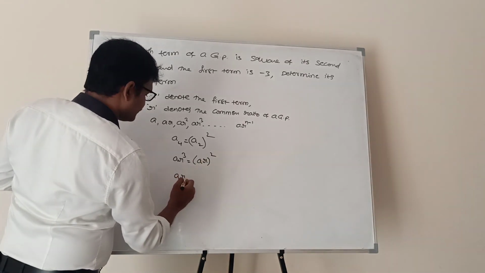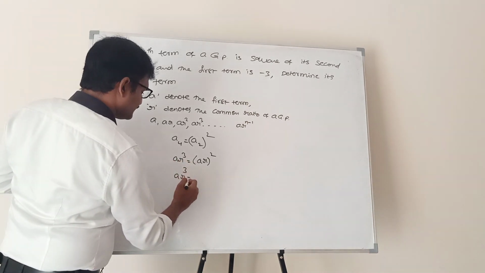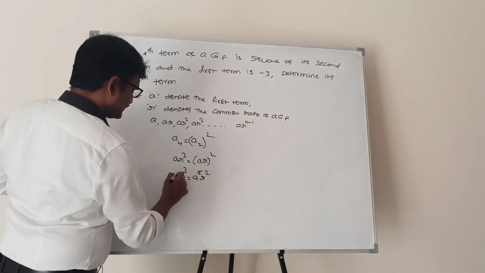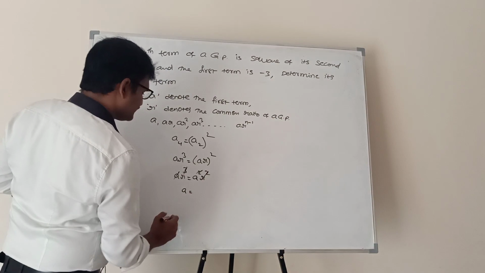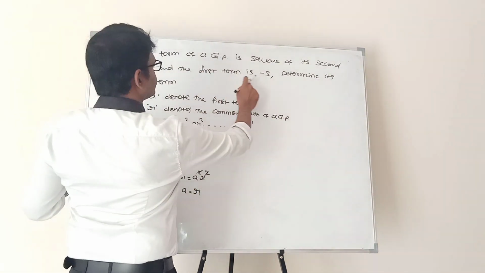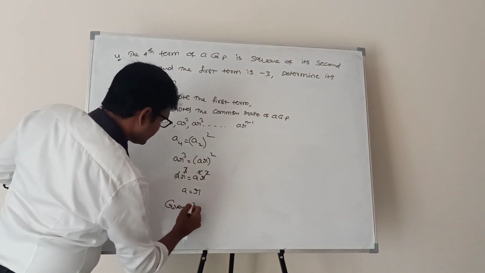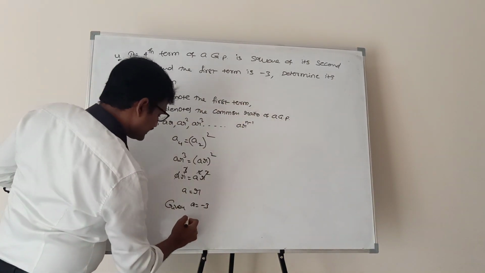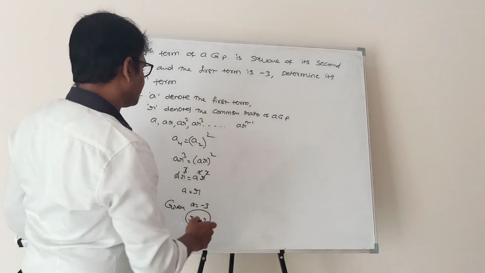So a into r cube is equal to a square into r power 2. So a gets cancelled, r gets cancelled. So a is equal to r. Given first term a is equal to how much? Minus 3. Therefore r is also equal to minus 3.